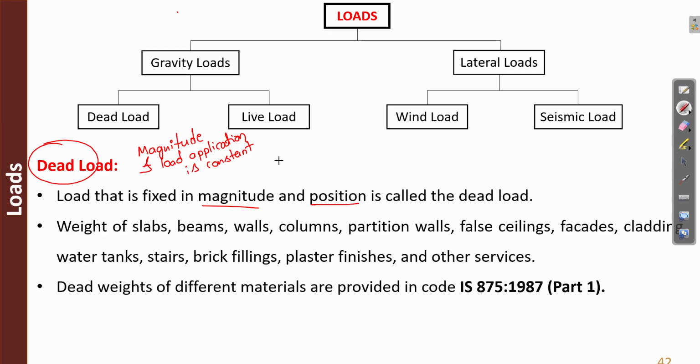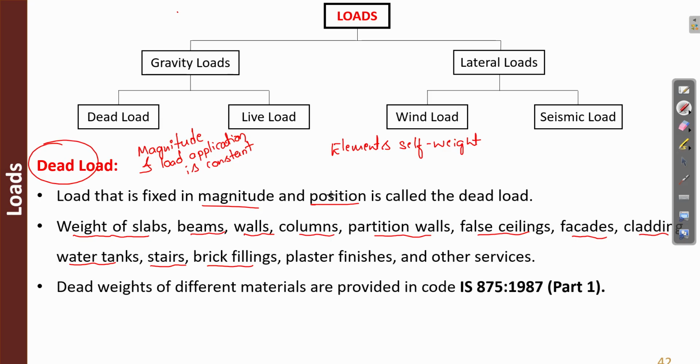Examples of dead load are the self weight of elements, that is the weight of slabs, beams, walls, columns, partition walls, false ceiling, facades, cladding, water tank, stairs, and brick fillings.